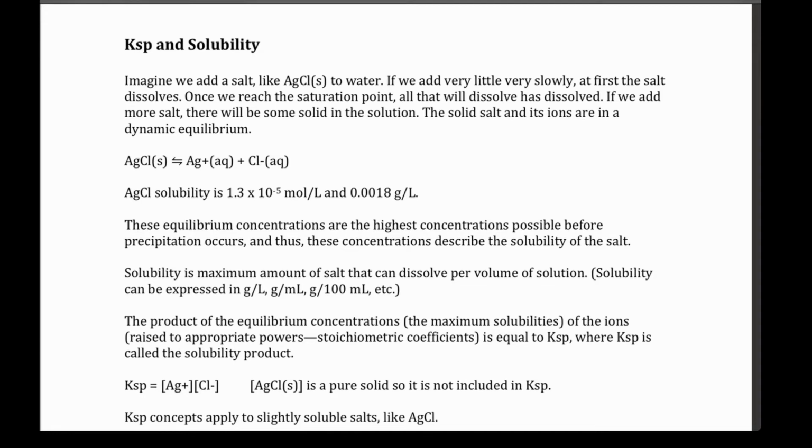Our reaction in that dynamic equilibrium would be AgCl solid in equilibrium with Ag+ aqueous plus Cl- aqueous. The maximum amount of AgCl that will dissolve at around room temperature is 1.3 times 10 to the minus 5 moles per liter, or in grams, 0.0018 grams per liter.